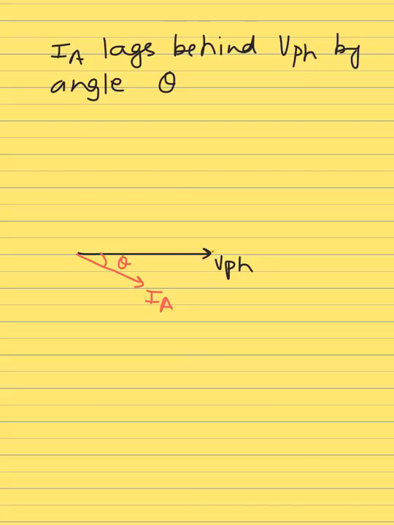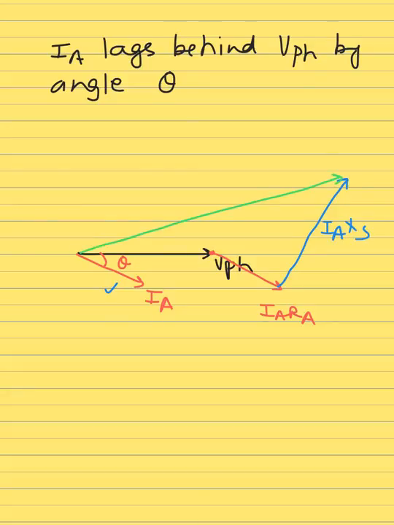So that means I_A R_A will be in phase with I_A. So here will be I_A R_A, and I_A X_S is at 90 degrees to I_A, so it's 90 degrees to I_A R_A as well. So here is I_A X_S, and the resultant is again E_A in here. And again, this is the angle delta.